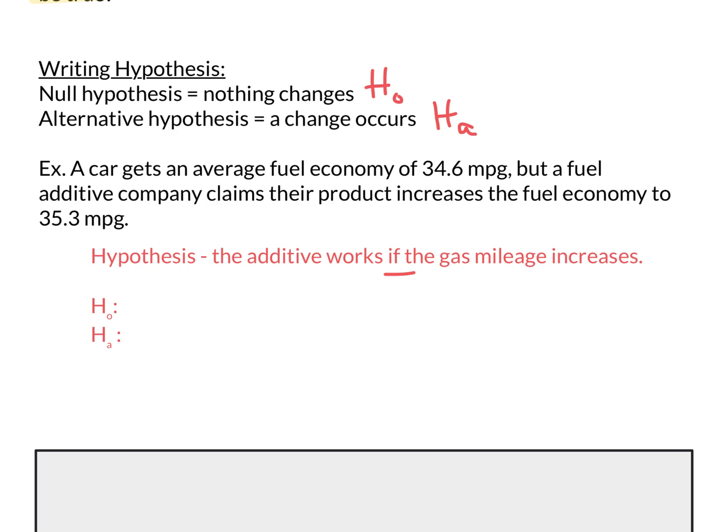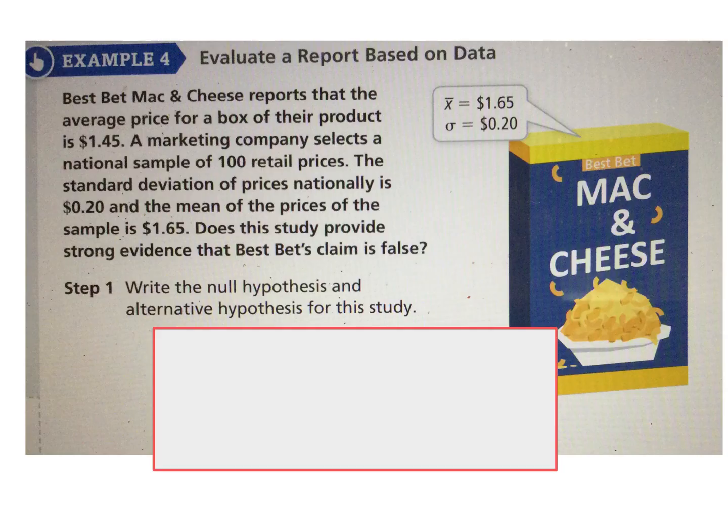All right, so that means my null hypothesis, meaning nothing happens, would be that the average fuel economy will remain 34.6. And my alternative hypothesis would be that this average will be greater than 34.6. So notice that it doesn't matter what it increases to. We're simply testing whether or not this measurement remains the same or changes.